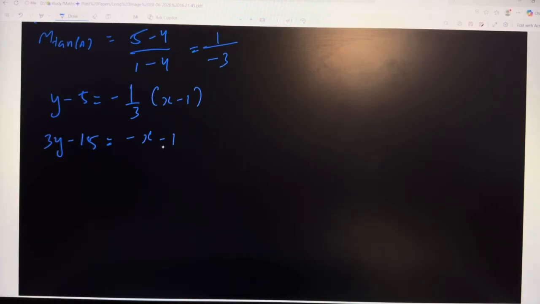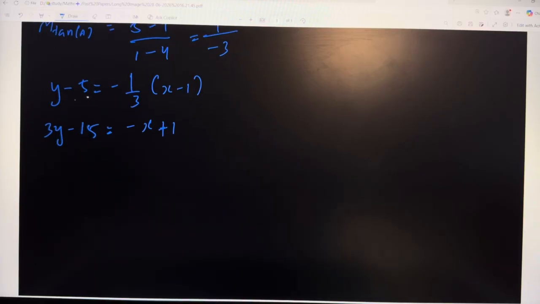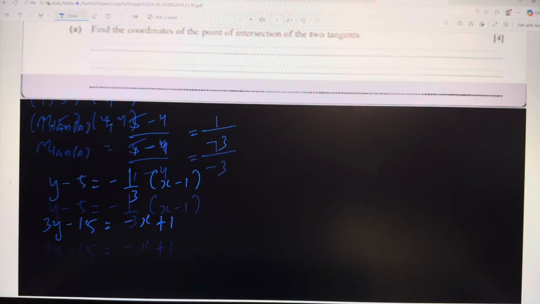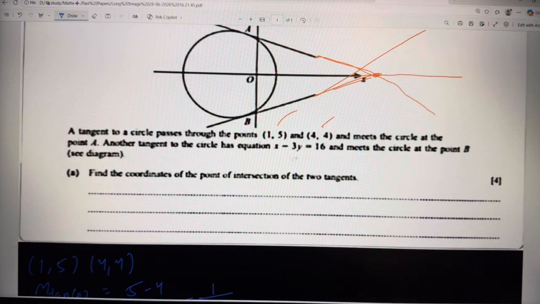Yeah, this is plus 1 now. Minus 1 times minus 1 is equal to plus 1. So again, multiply by 3 there and divide by 3. Actually, we can just keep it in the form where x has no coefficient, because the equation of tangent B above is like so, x minus 3y is equal to 16.